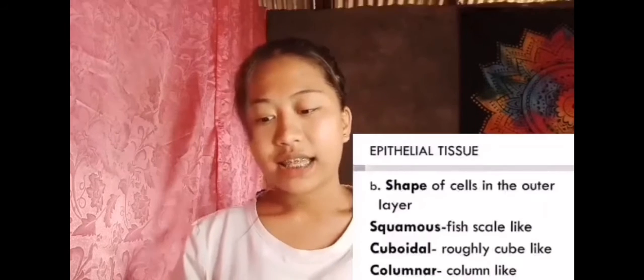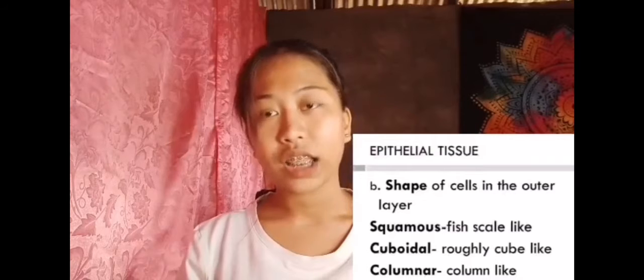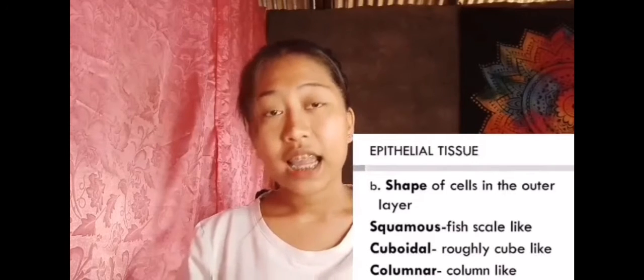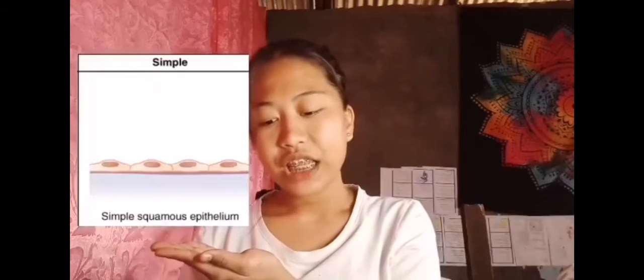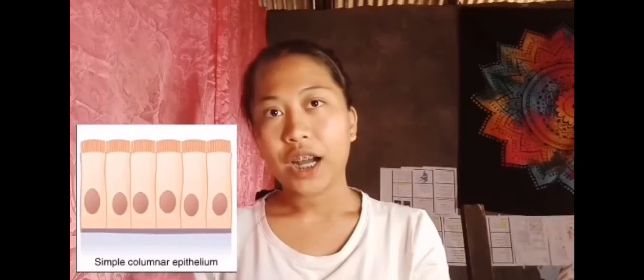The second category is the shape of the cells in the outer layers. First, squamous, fish scale-like. Second, cuboidal, roughly cube-like. And the last one is columnar, column-like.